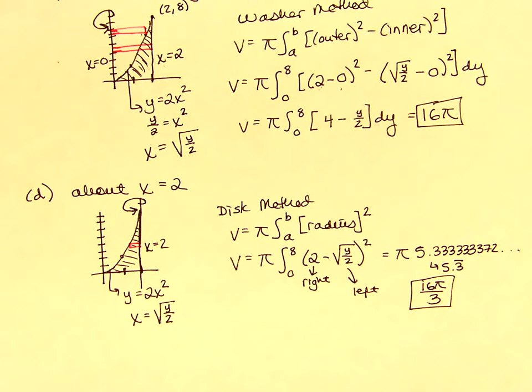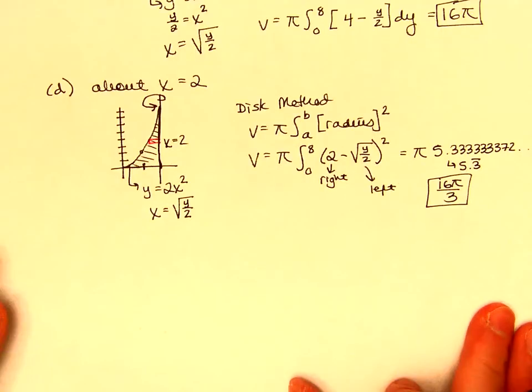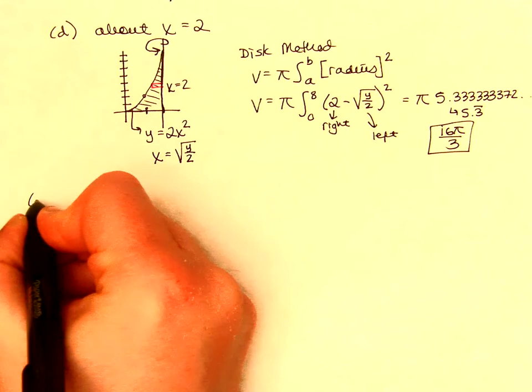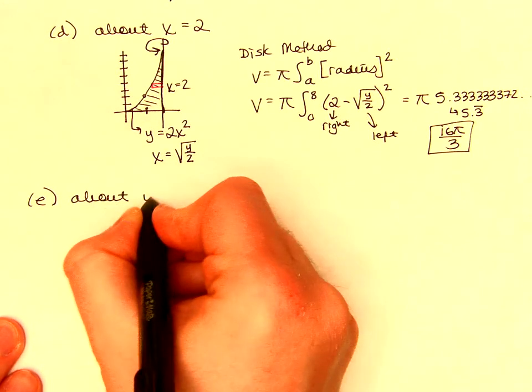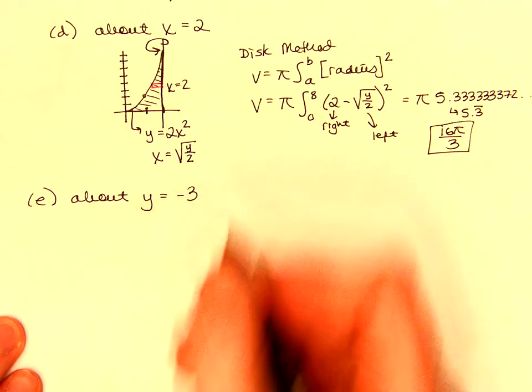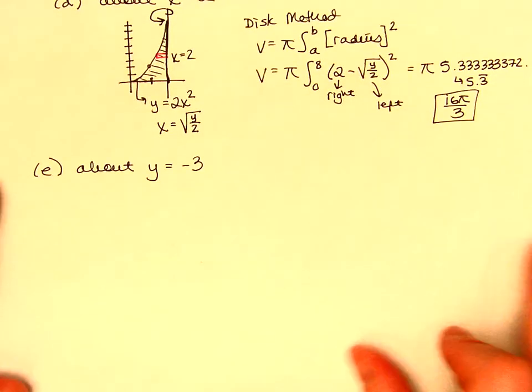2 more variations on this. I'm going to spin this thing about the line y equals -3. Sketch your region.